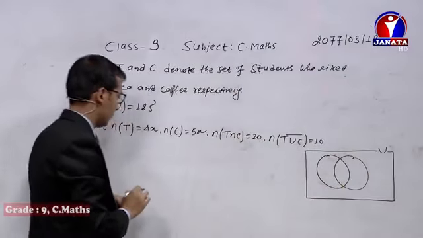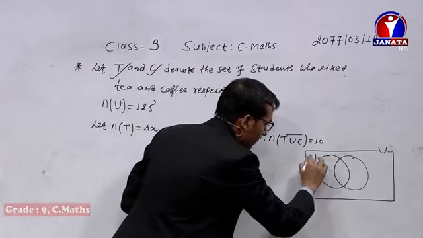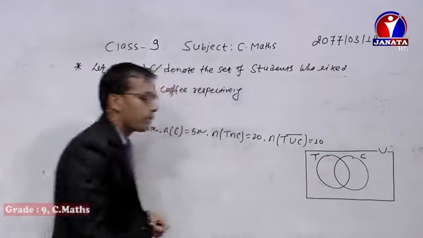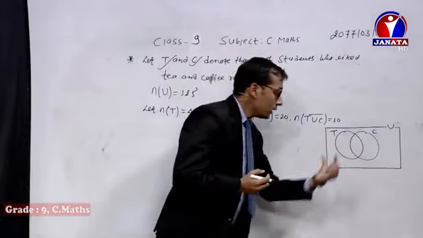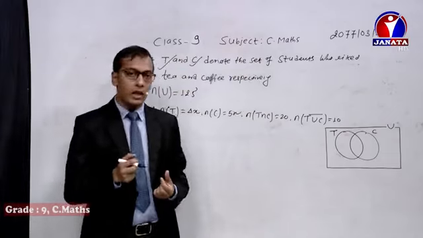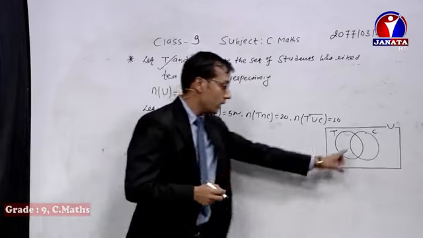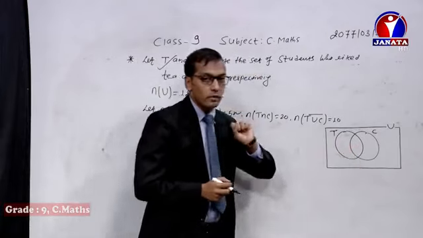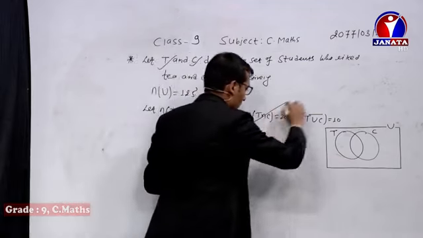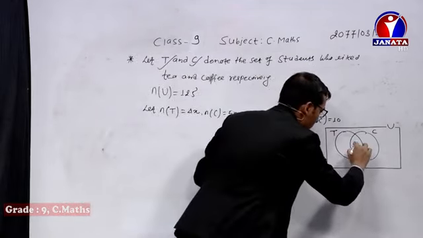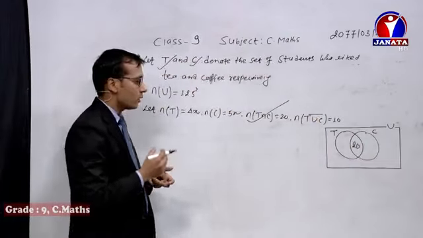The sets are denoted by T and C. This is T and this one is C. All of us know that while filling the Venn diagram, we start from the common or intersecting region of the two subsets. So what is the intersection? It is 20. The cardinal number for the intersection of the two sets is 20.